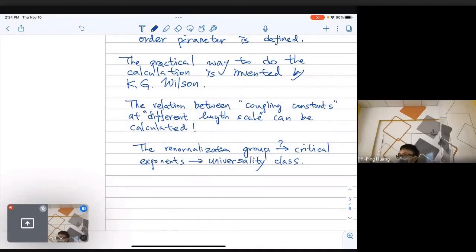And it turns out that these two very different systems, one is the magnetic system and the other is the liquid-vapor experiment, give you the same set of critical exponents. So that's already surprising, that in very different systems, it turns out that you can measure the same critical exponents. So naively, we would expect there's something deep, or some nontrivial connection between these two sets of different experiments. That's one thing.